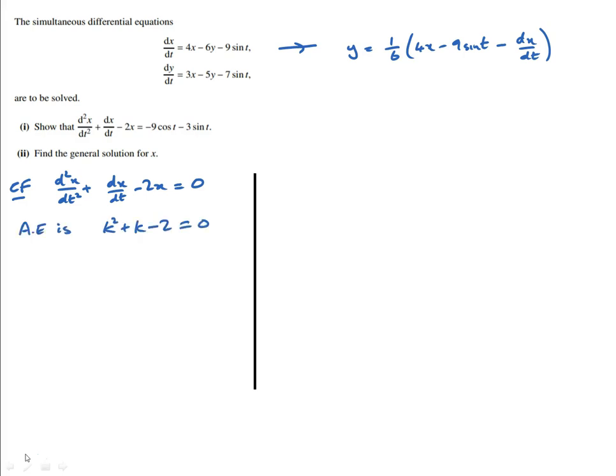The auxiliary equation is k squared plus k minus 2 equals 0, which gives me k equals 1 or k equals minus 2. So the complementary function is x equals a e to the t plus b e to the minus 2t.